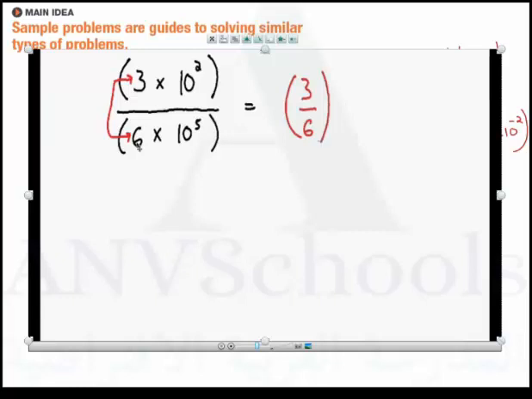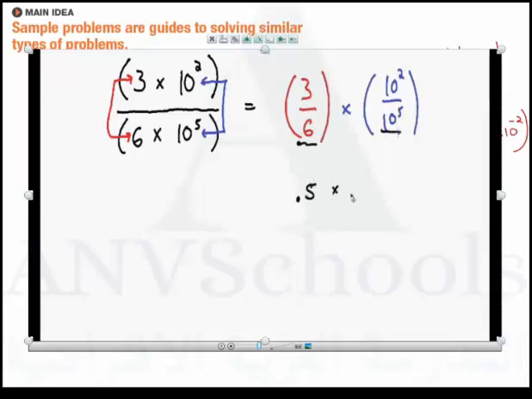Then we will multiply that by 10 to the second, and because it's division, it will be subtraction. In this case we'll be subtracting and not adding. If we simplify, we get a half, which is 0.5.